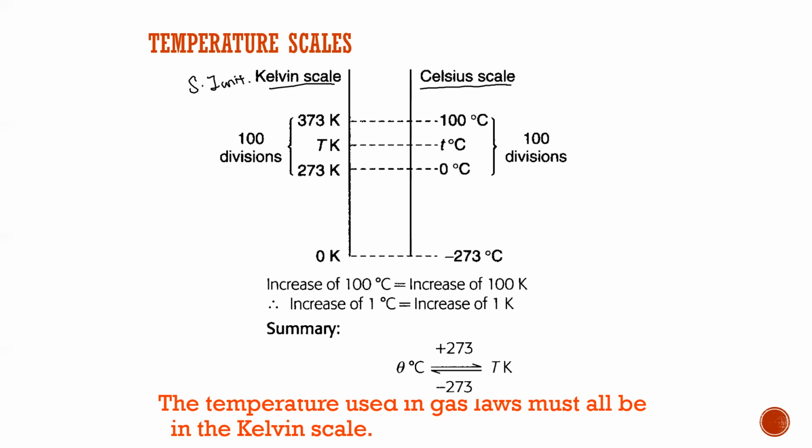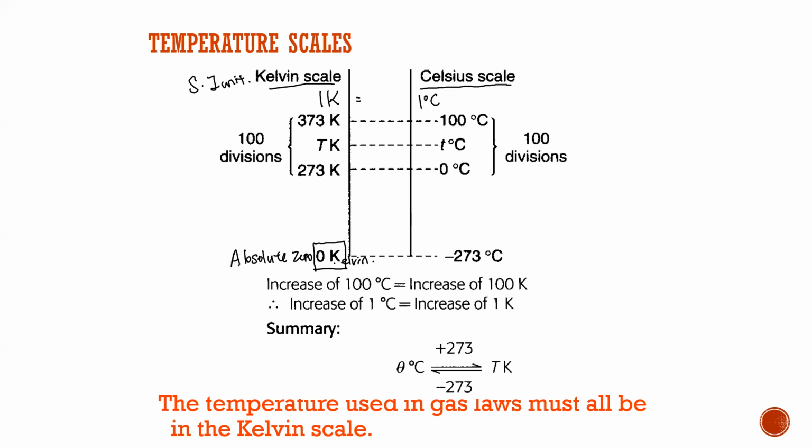Actually, 1 degree Celsius equals 1 Kelvin, but the scale is different because the absolute zero, which means really no temperature, is called 0 Kelvin.